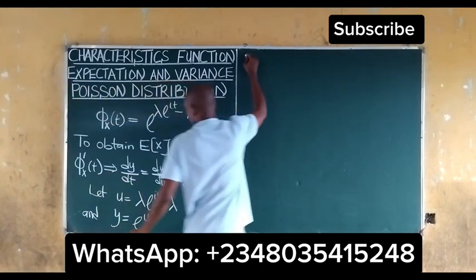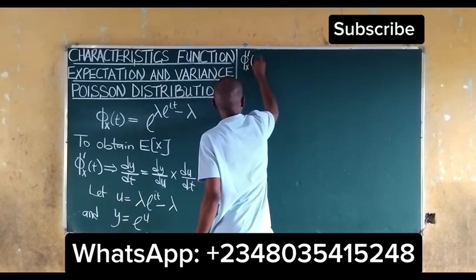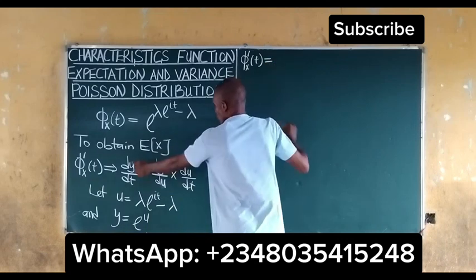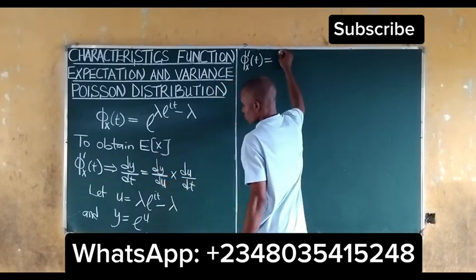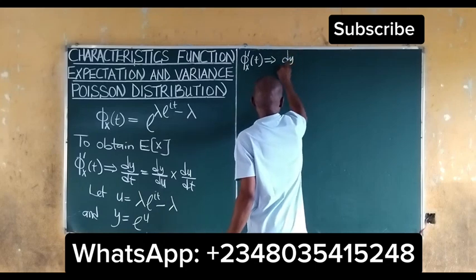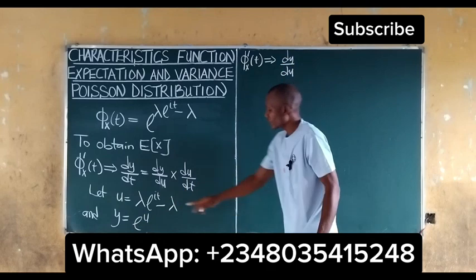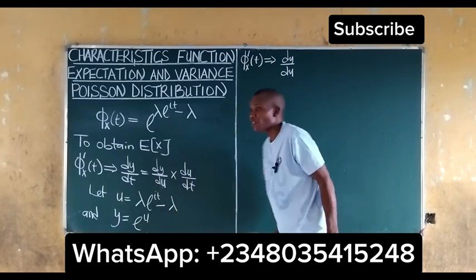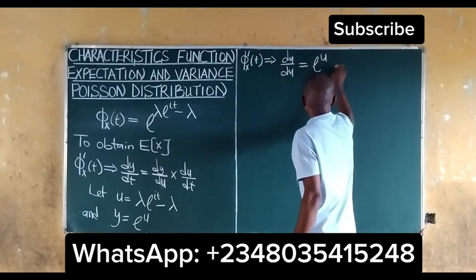So for our first derivative, we first find dy/du. If you differentiate an exponential function, you still get that same function, so dy/du gives us e^u.